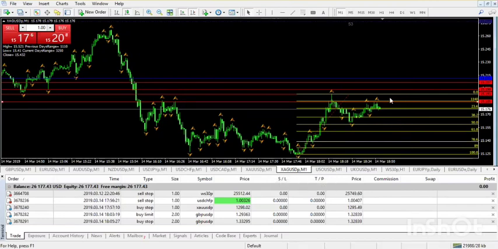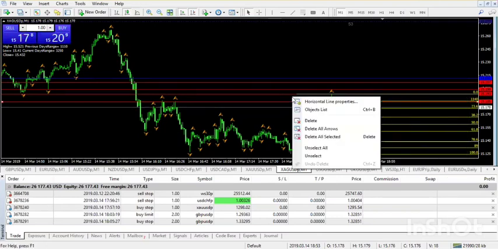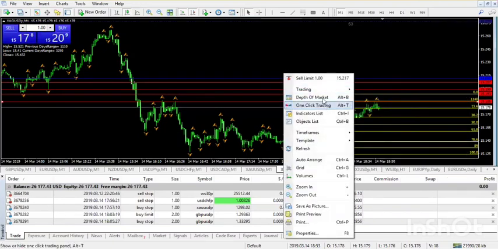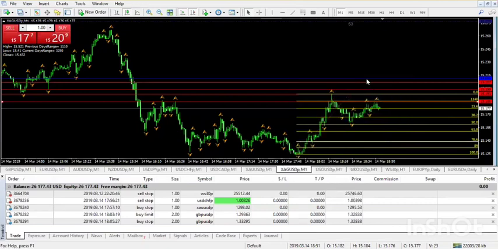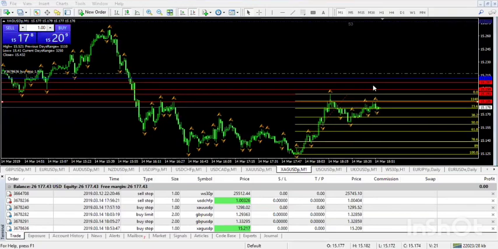Let me check other charts. No, I have a wide spread here.